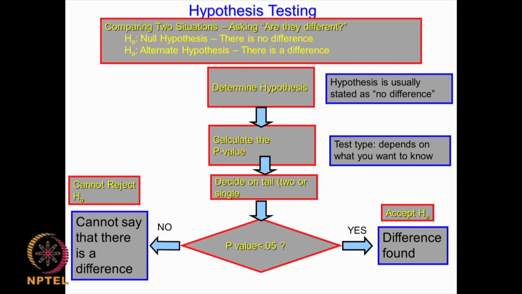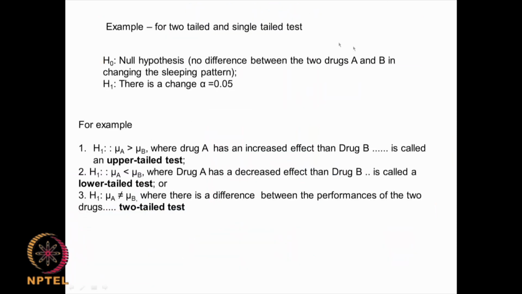Imagine I am testing two drugs in the market which affect the sleeping pattern. The null hypothesis could be that there is no difference between the two drugs. The alternate is that there is a difference at a 95% confidence interval. Now, what type of hypothesis equations will we put for the two-tail and the single-tail?